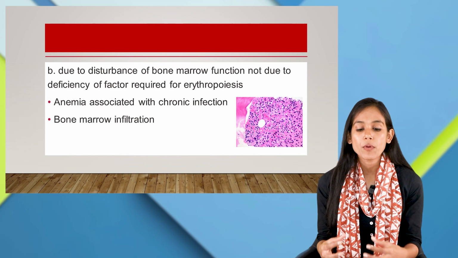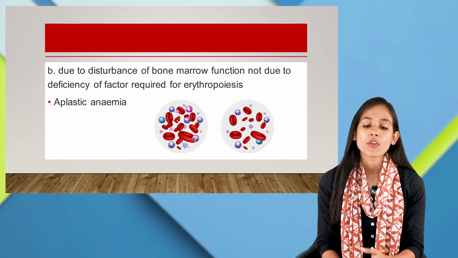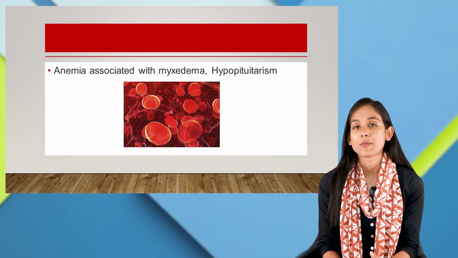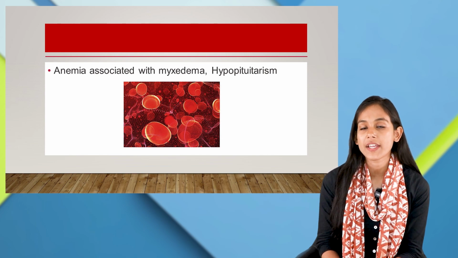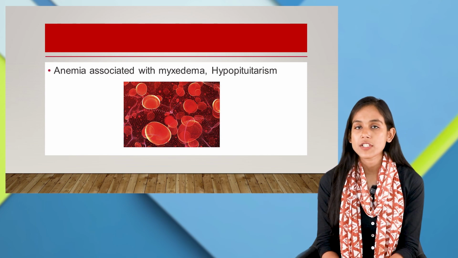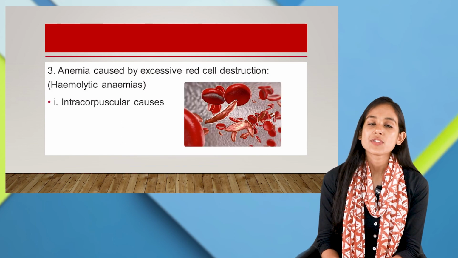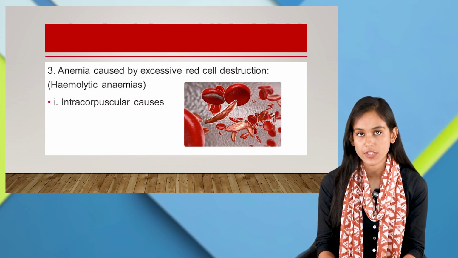Again, if there is bone marrow infiltration, or aplastic anemia, or anemia associated with myxedema or hypopituitarism. These are some of the cases where there might be bone marrow dysfunction, but not related to the erythropoietic factors.